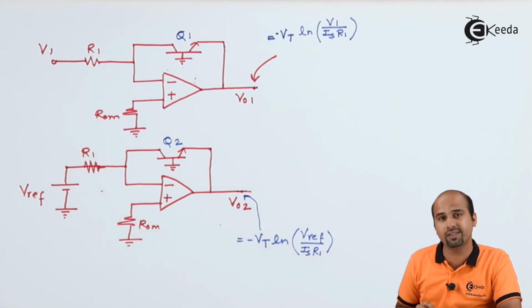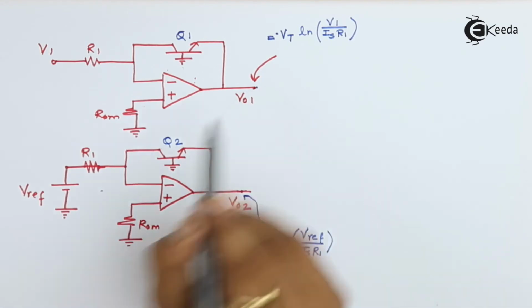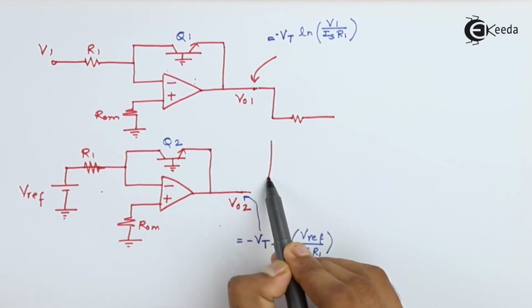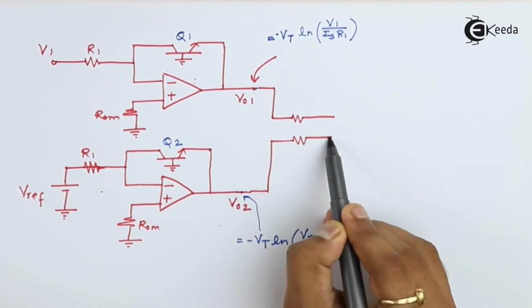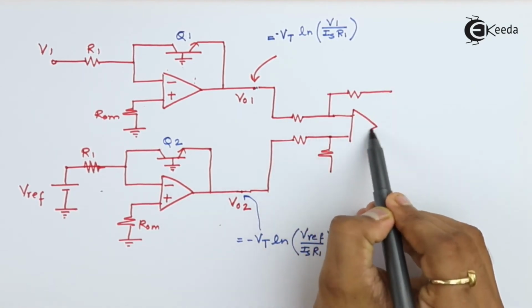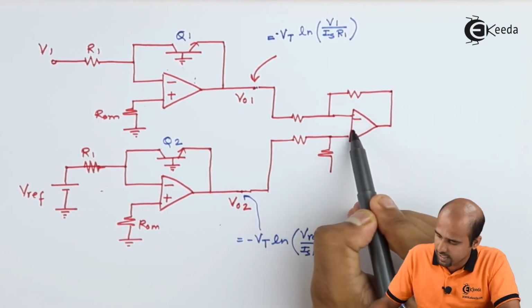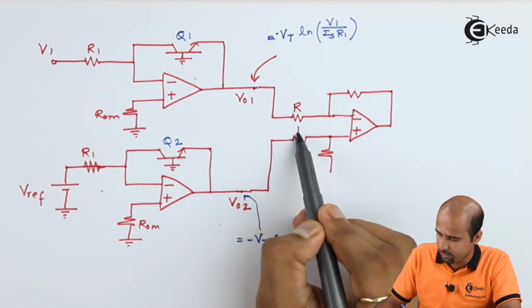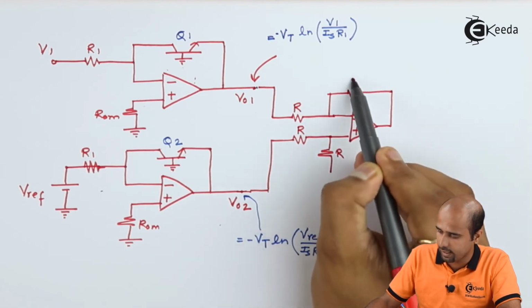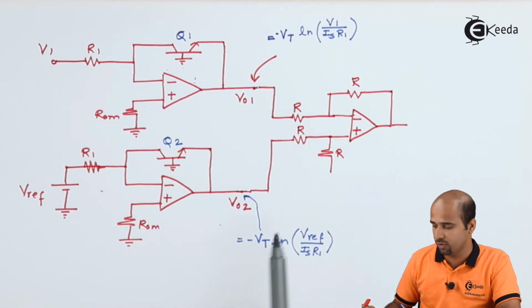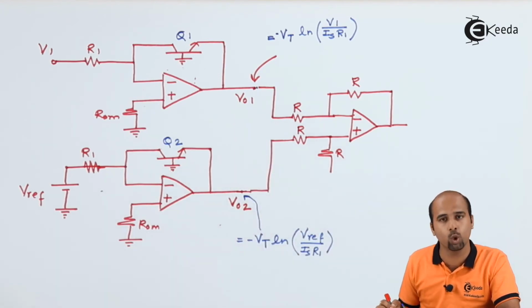Right? We fed these two inputs to a differential amplifier. This is negative, this is positive, and if all the resistance values are the same, let's say R and R, this will give you the output in the form of VO2 minus VO1.